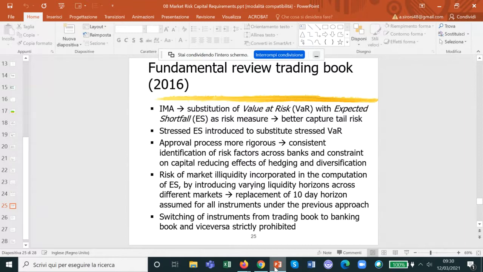Second important point, the internal model approach has become less and less convenient, meaning that there is no convenience for a bank nowadays really to adopt the internal model and use its own model to estimate value at risk, because most likely you will have a higher capital requirement than what you would get with the standard approach.